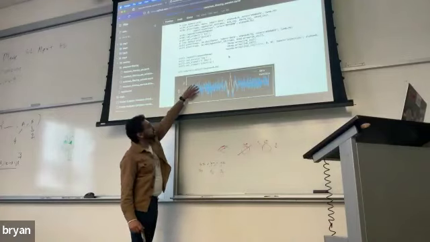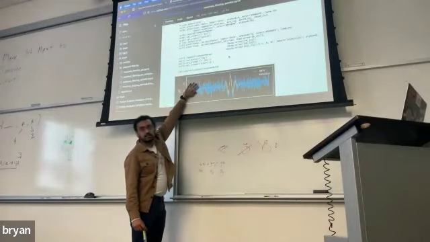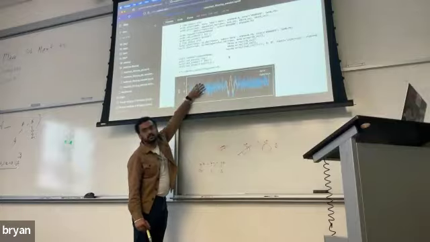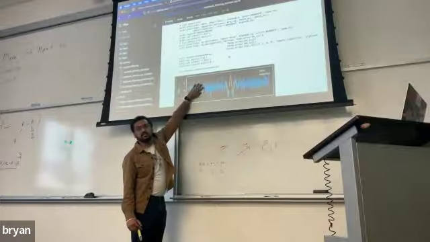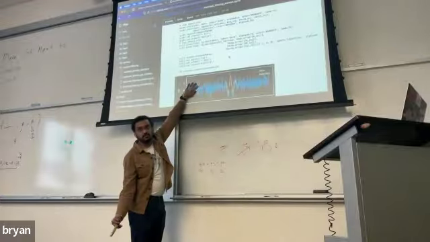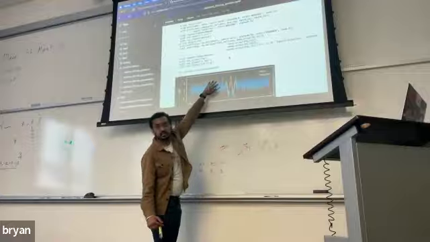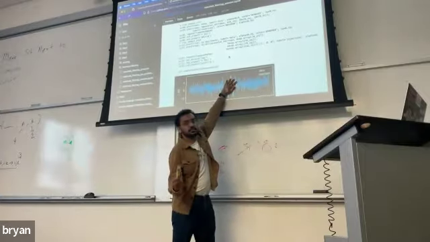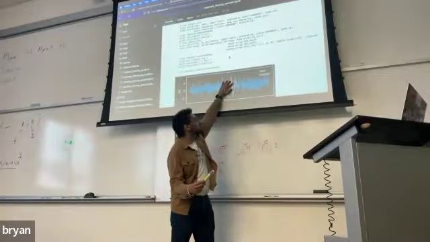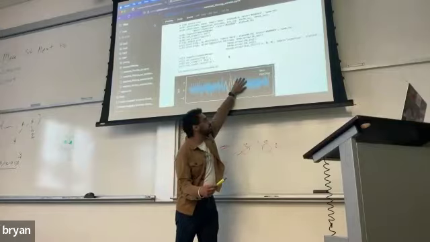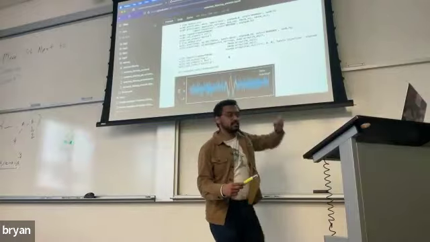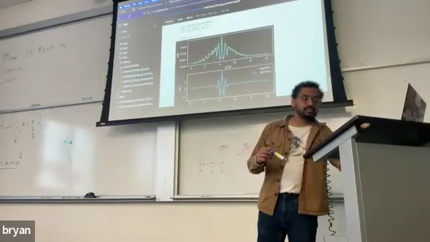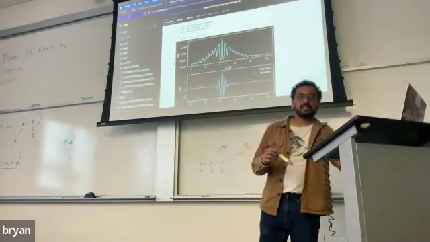What's happening under the hood is I'm placing 10,000 templates here, calculating the optimal SNR, moving it slightly, placing 10,000 templates here, again calculating the optimal SNR, again and again. Here the optimal SNR is going to start increasing because we're getting closer to the signal. And then as we continue, the SNRs will drop again. And it is that which is being plotted here. Does that make sense?